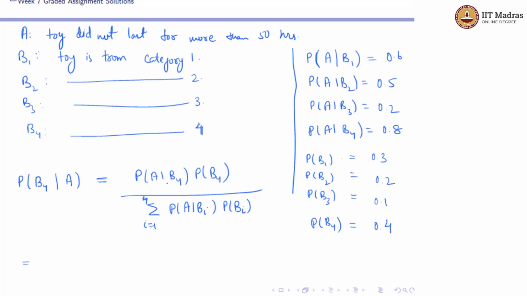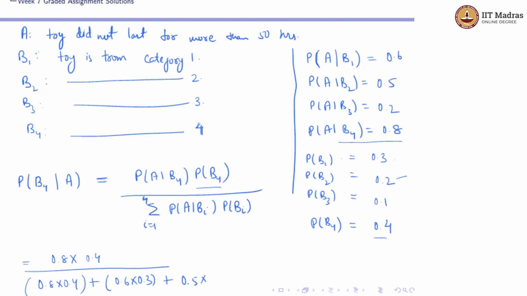Now let's solve this. This is going to be probability of A given B4, which is 0.8, into 0.4, divided by 0.8 into 0.4 plus A given B1 into B1, which is 0.6 into 0.3, plus A given B2 into B2, that is 0.5 into 0.2, plus probability A given B3 into B3, that is 0.2 into 0.1.